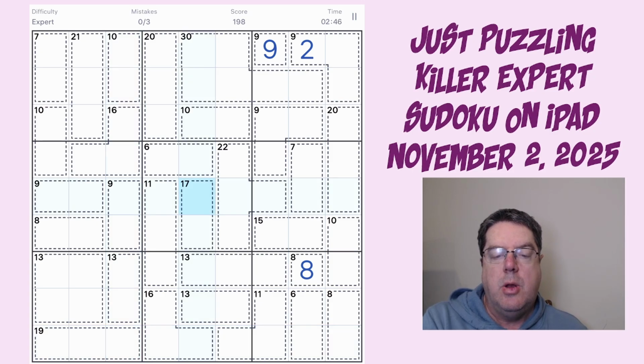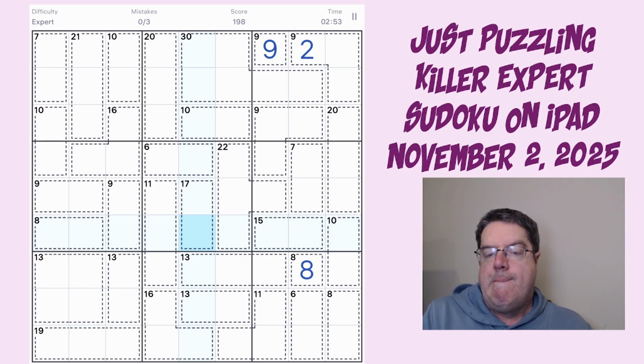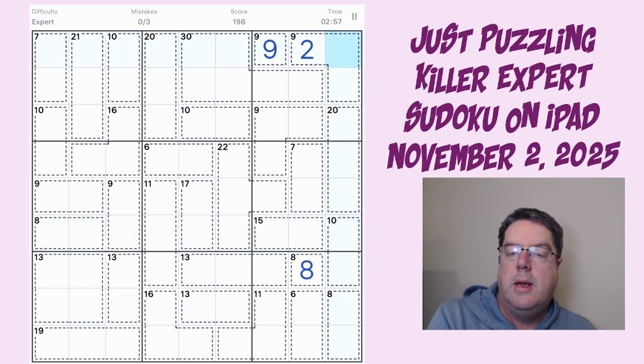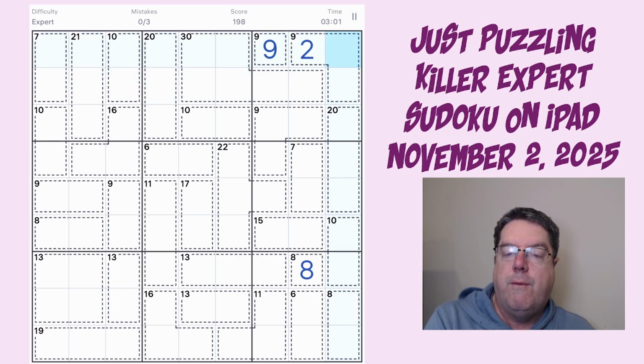So this is 8 and 9 here, because that's the only numbers that can be in a 17, 8 and 9. So 7 here can be 1 and 6, or 3 and 4, because 2 and 5 can't be.